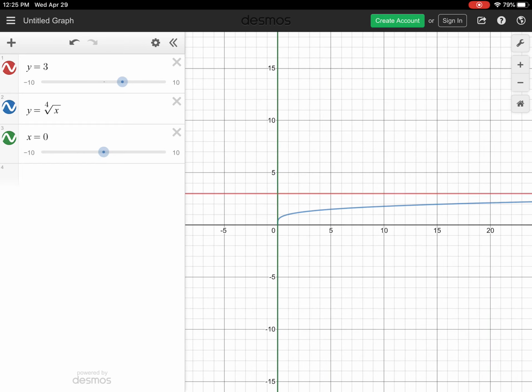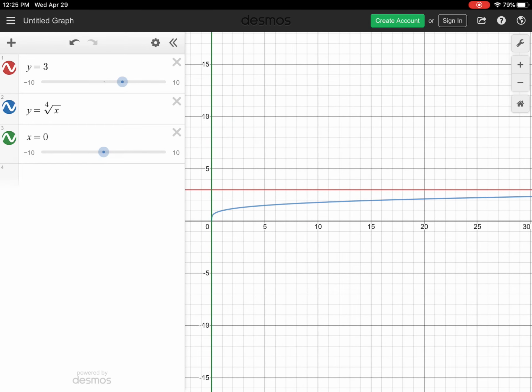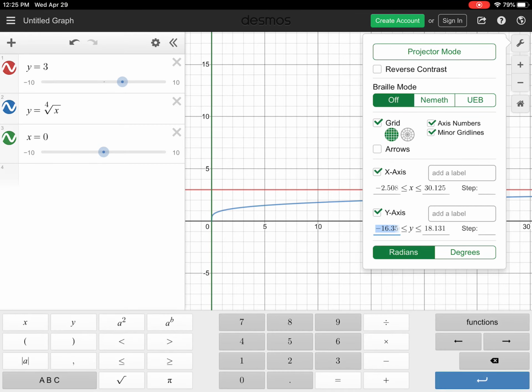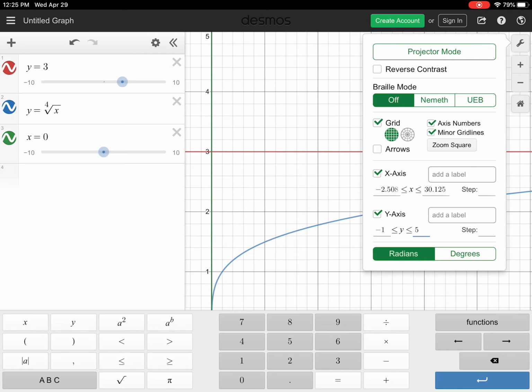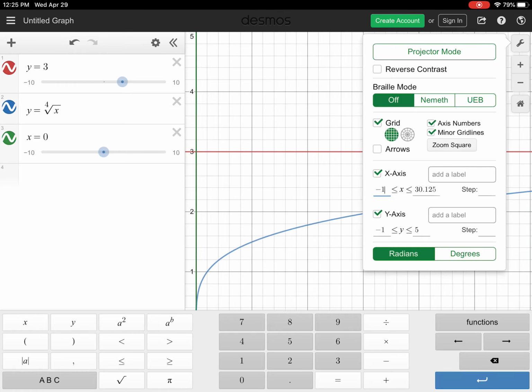So what I'm gonna do is I'm gonna play with this zoom a little bit. I'll make the zoom for the y-axis a little bit smaller. So let me make the y-axis zoom go from like -1 to like 5. But then I want to see more on the x-axis.